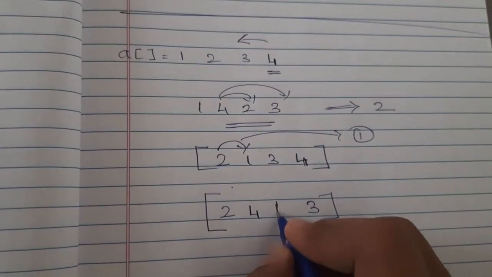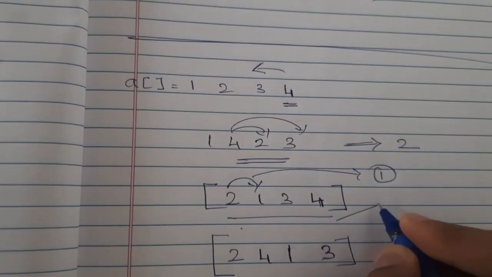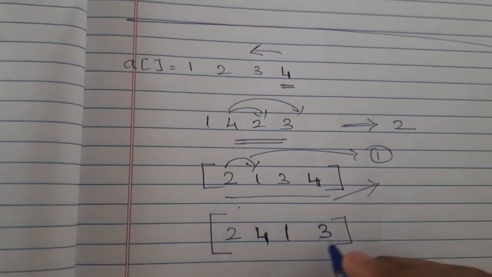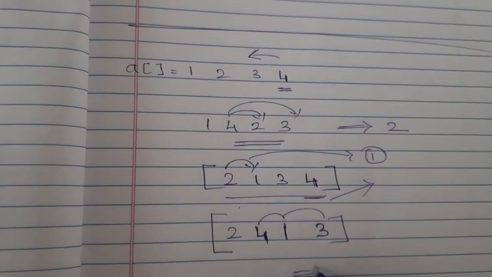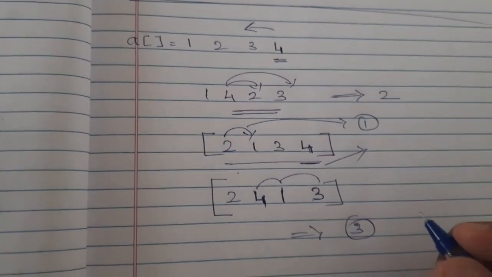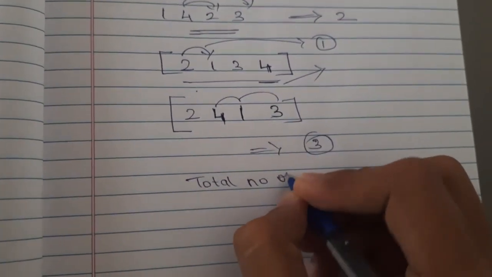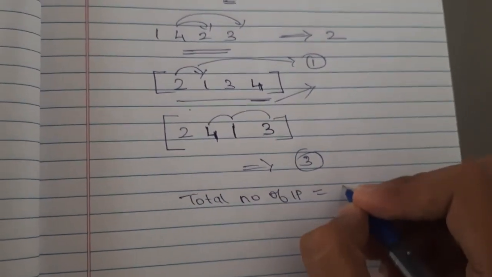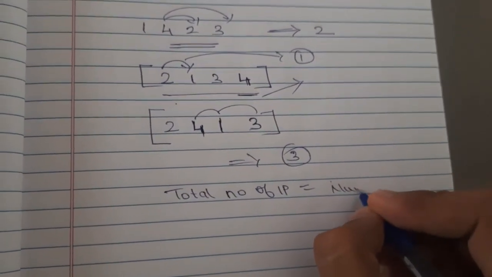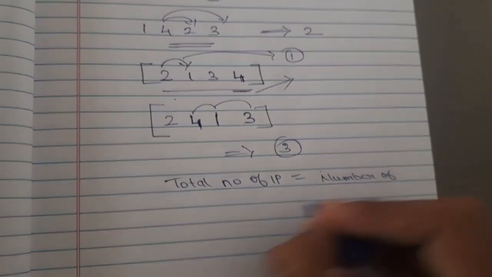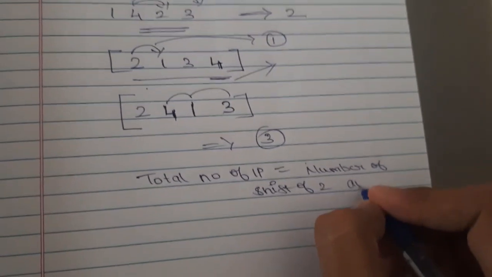The total number of inversion pairs that we get will be the previous count plus the number of shifts that we make with the 4, that is 1 and 2. So in total we will get 3. The total number of inverse pairs will be the number of shifts of 2 and 4 added.